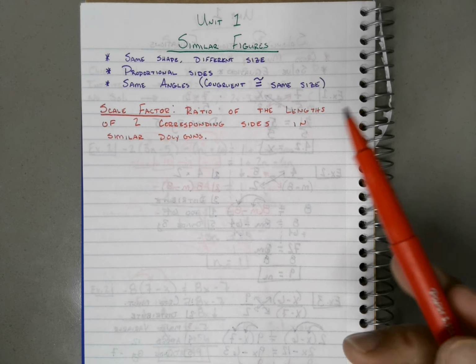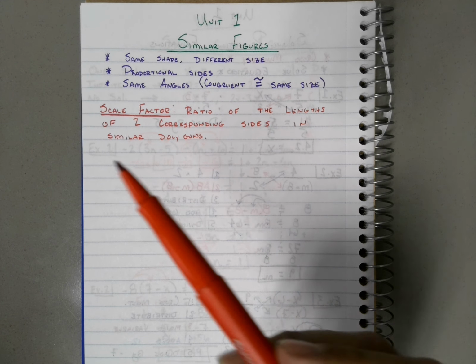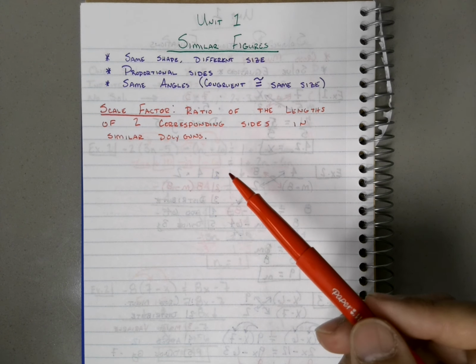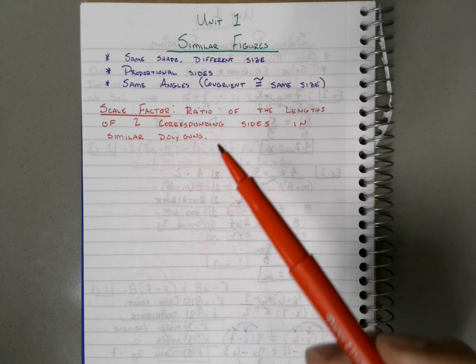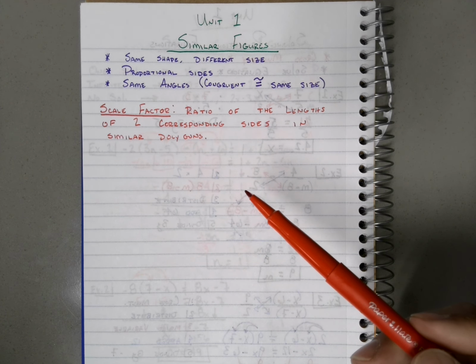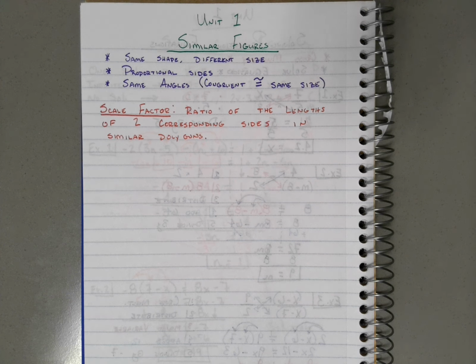Corresponding is basically the same sides. So basically if we have two shapes, we find the same side on each shape, and the scale factor will be from one shape to the other. Okay, that's what your scale factor is going to be.